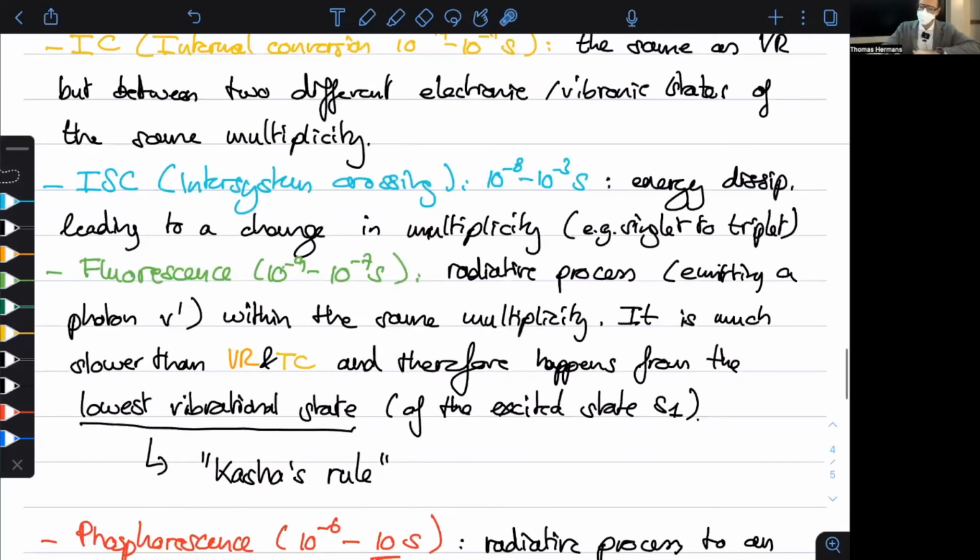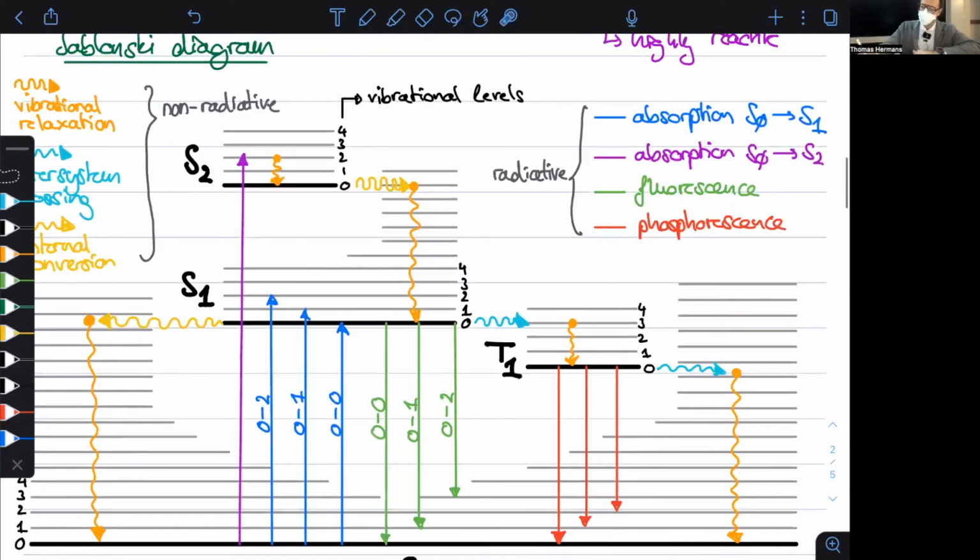Okay, back to Jablonski. So once we go to T1, we can never, right? This is important. You cannot go from the ground state and absorb to the triplet state. This is forbidden. Remember that in the previous class we said that some transitions are forbidden? Well, this one is forbidden. Forbidden means very, very, very unlikely.